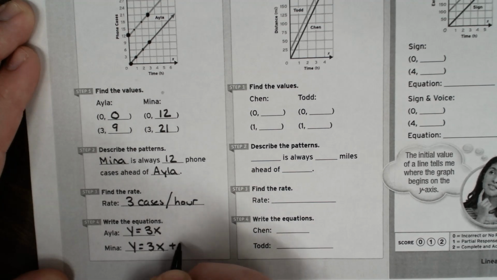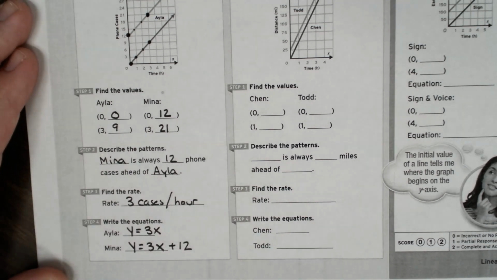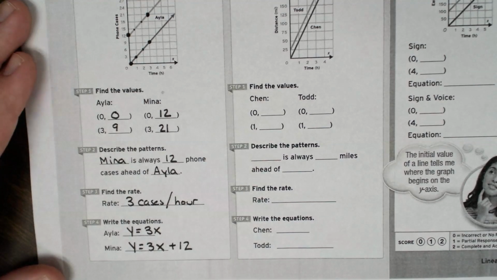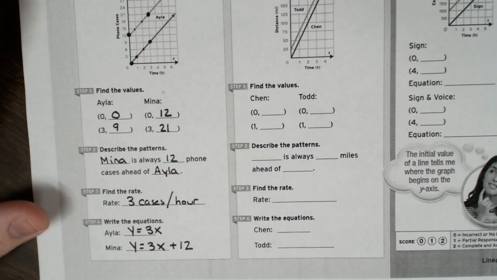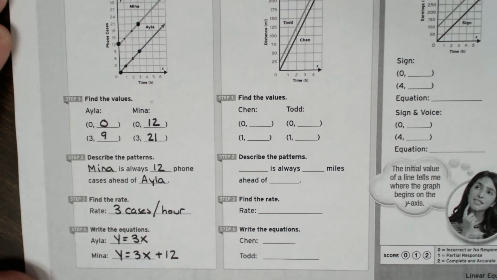But then we add a plus 12 on the end, because by the time Ayla got there, Mina had already made 12 cases. How are you feeling on that? Okay, can you try number 4?